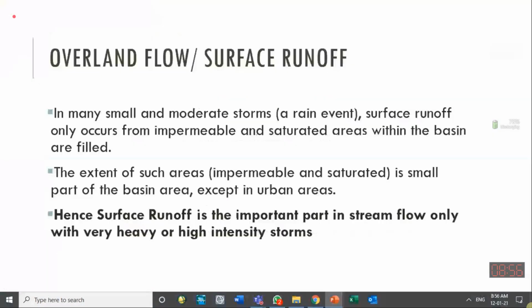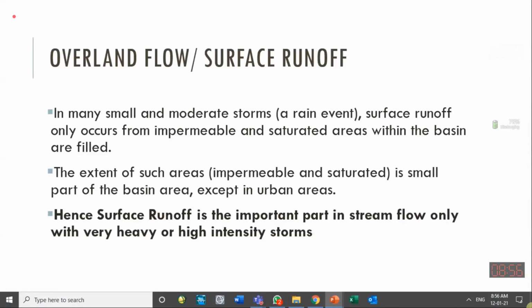So this is quite an important topic of current day research. What will be the effect of urbanization on the floods? What will be the effect of urbanization on the flows in the channel? Why are they studying it?